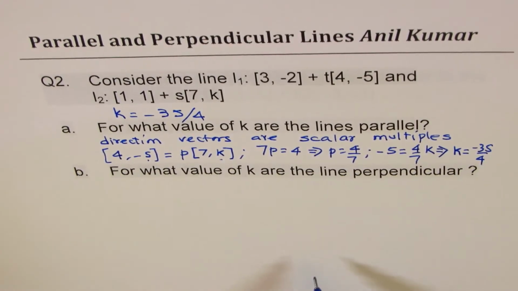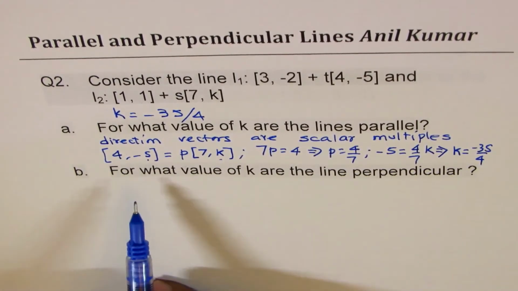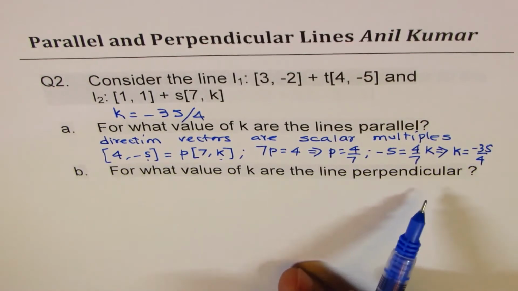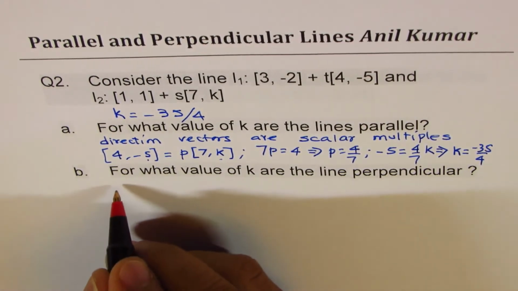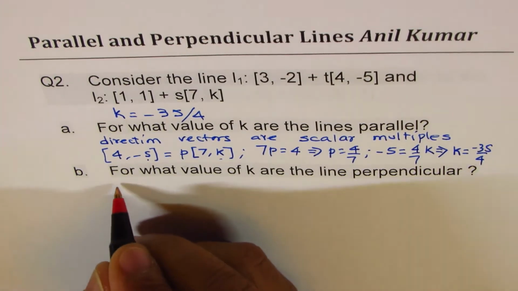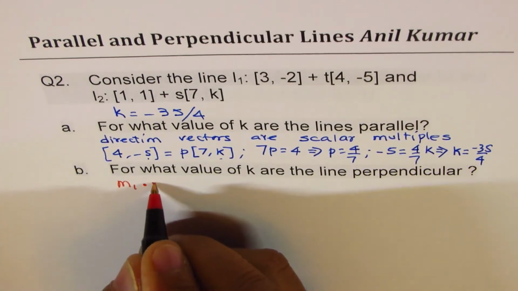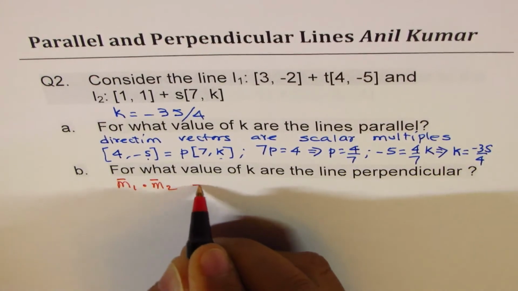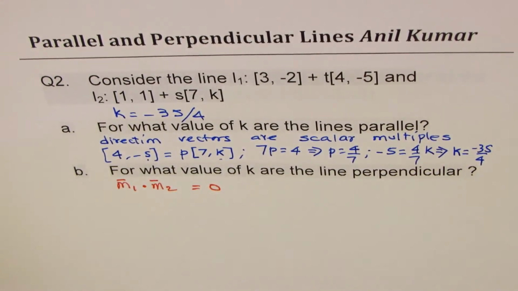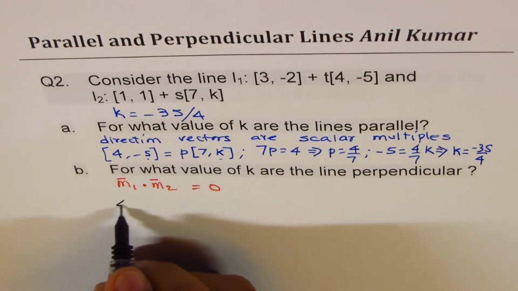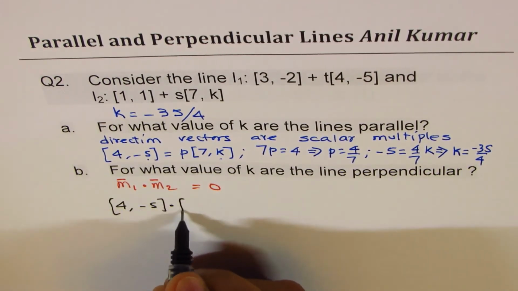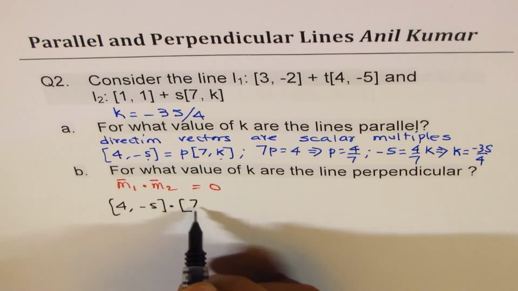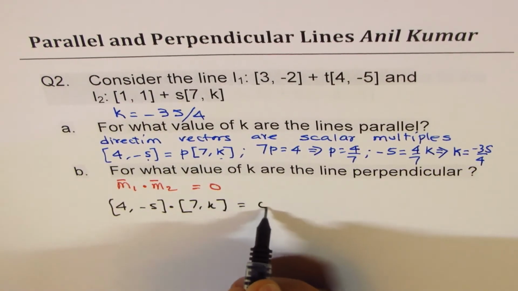I had to squeeze it in anyway. Part B, for what value of k are the lines perpendicular? Now when we say perpendicular, that means dot product is 0, right? So we say m1 dot m2 is equal to 0. That is the concept, correct? So let's do it. (4, -5) dot (7, k) equals 0.